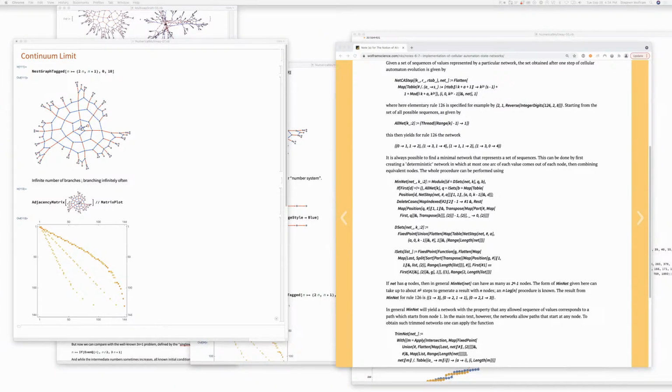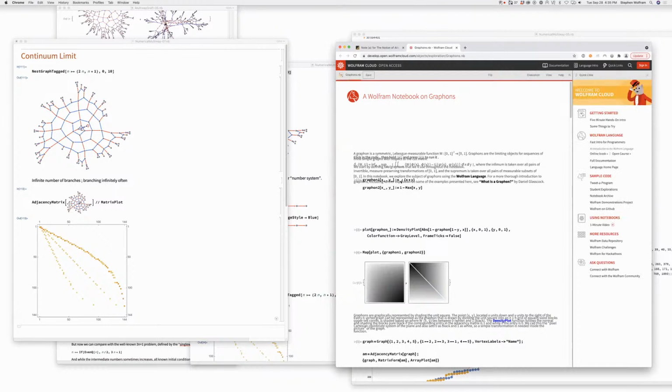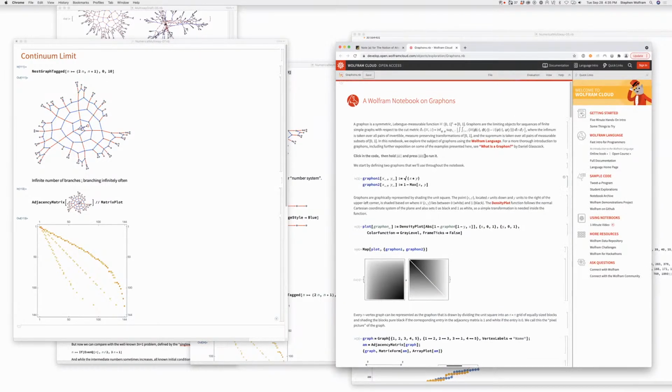Yes. I mean, the problem with that, let's see, there was a nice thing. Michael sent this to me. Hold on one second. There was a notebook about graphons that somebody produced. Here we go. Graphons. Okay, a graphon is a symmetric Lebesgue measurable function from 0, 1 squared to 0, 1.